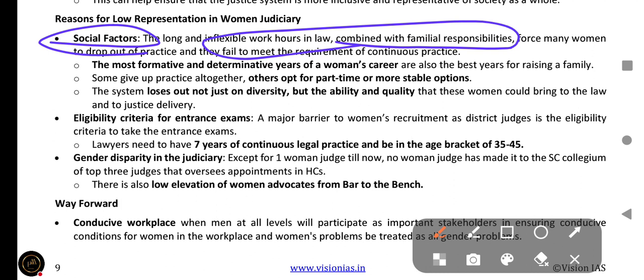So women have to work for their official work as well as their domestic work. So here the long and inflexible work hours in law force many women to drop out of practice and they fail to meet the requirement of continuous practice.